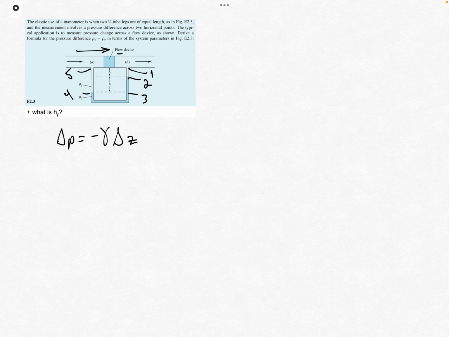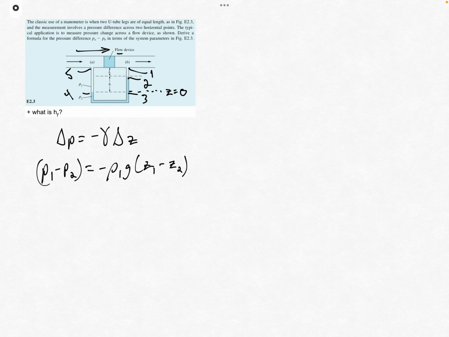So let's start from 1 to 2. We're within a single connected fluid there from 1 to 2. And so we can say that P1 minus P2 is equal to minus rho 1 G times Z1 minus Z2. Now I'm going to define in this problem this location to be Z equal to 0.